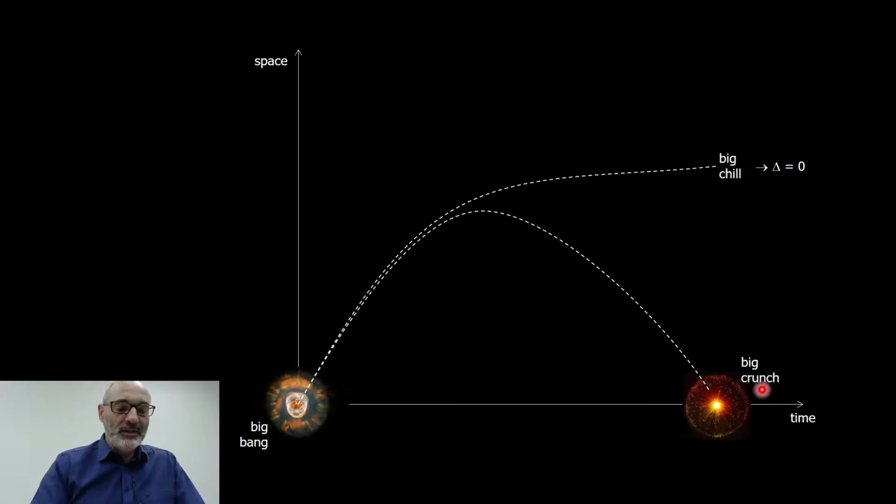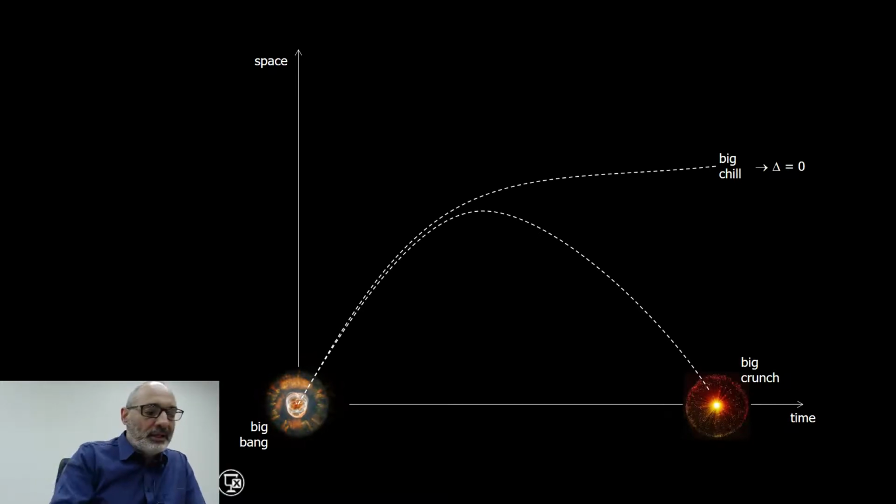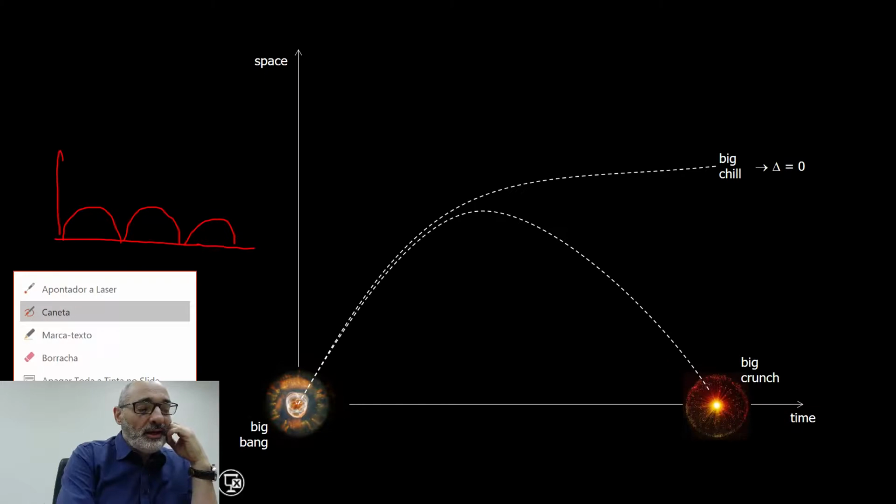And possibly in this situation the universe is periodic. Okay, the universe may behave like this. For instance, let me make a drawing here. A big bang, big crunch. Big bang, big crunch. So a periodic universe. Okay, this is a possibility.